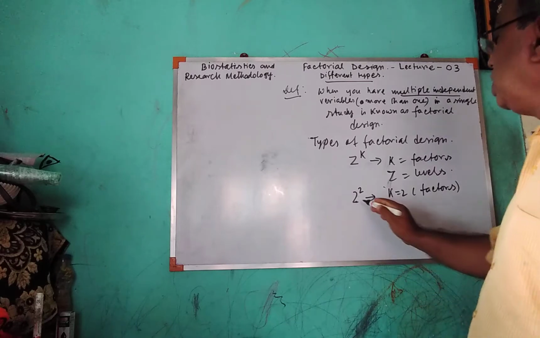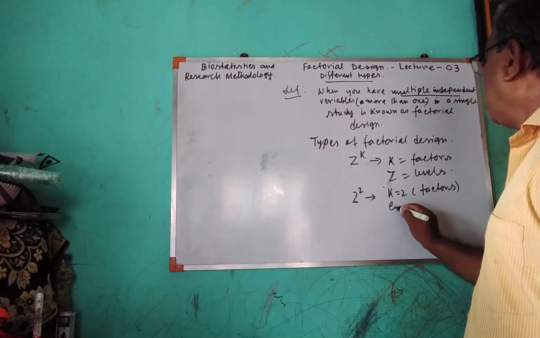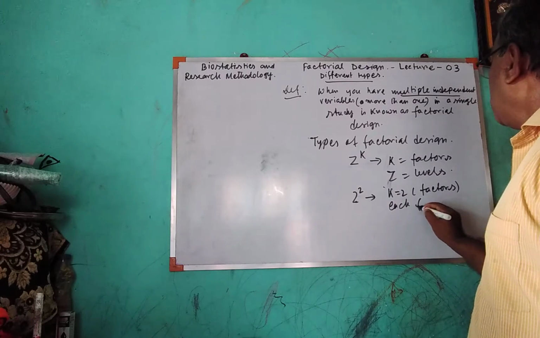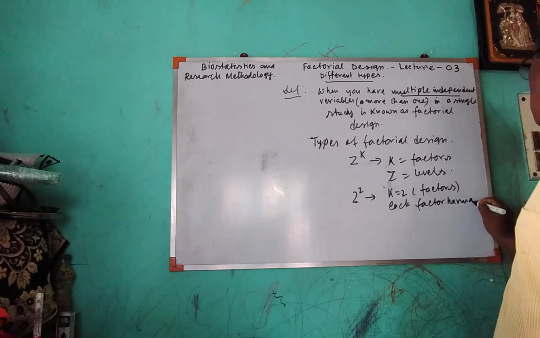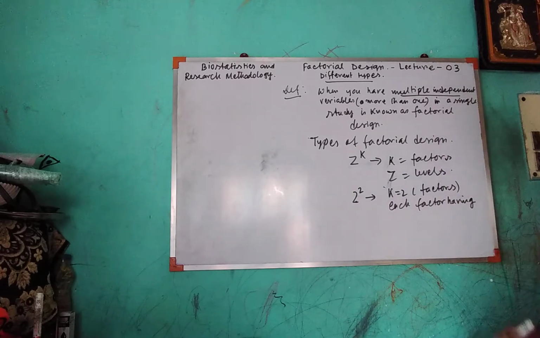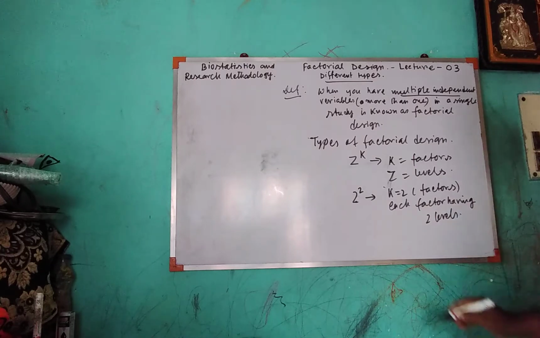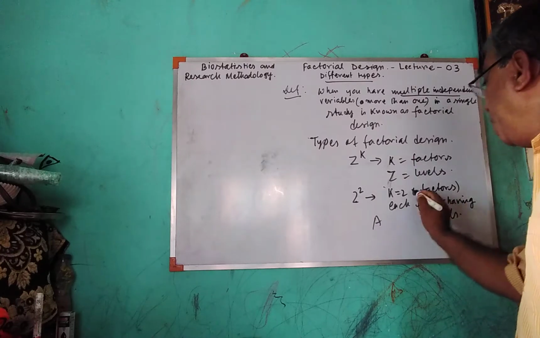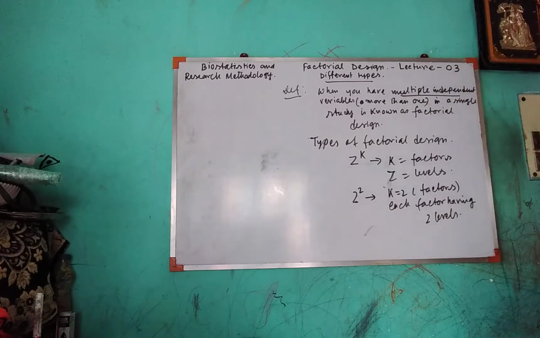And the base 2 means levels, each factor having two levels. Like A is a factor, suppose two factors here, each factor having two levels.